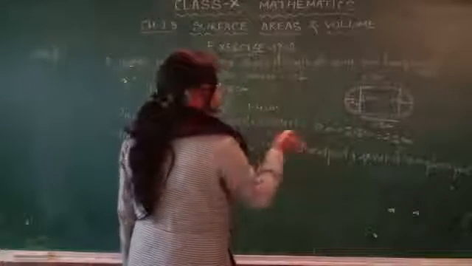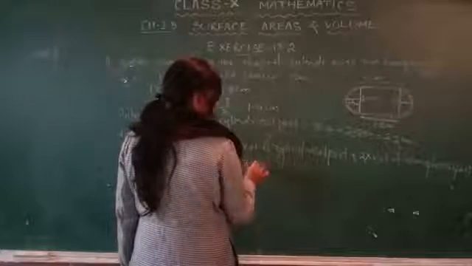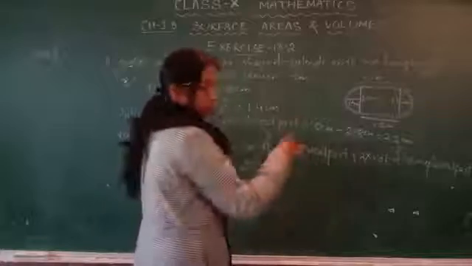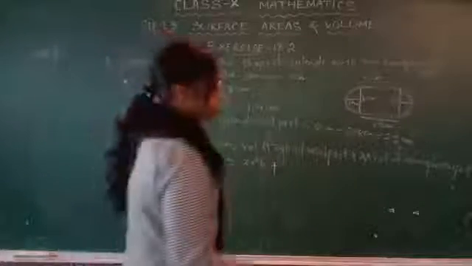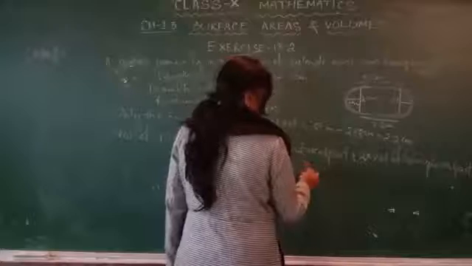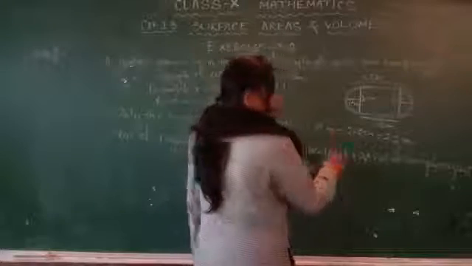So the volume of the cylindrical part is pi r square h, plus 2 hemispheres, so that is 2 into 2 upon 3 pi r cube.